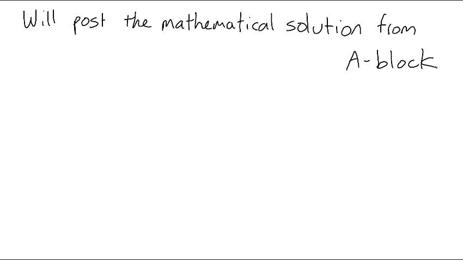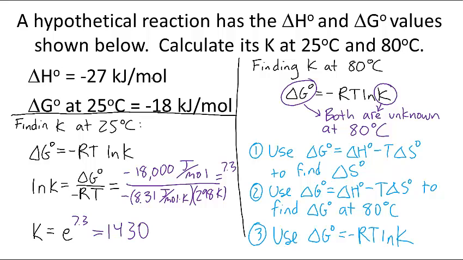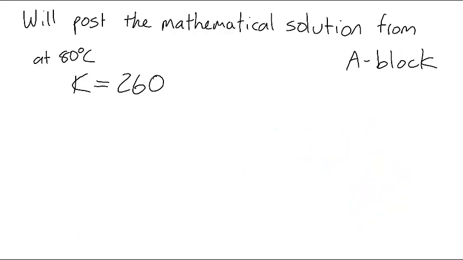And it's just tedious chugging through the numbers doing algebra at this point. What we found is that K at 80 degrees Celsius, when we went through that process, was like 260. All right. So K is 260. It was 1430. We get 260 as our answer at 80 degrees Celsius.